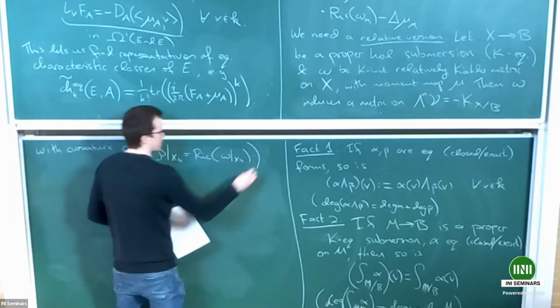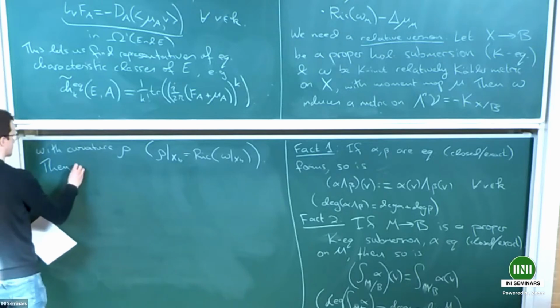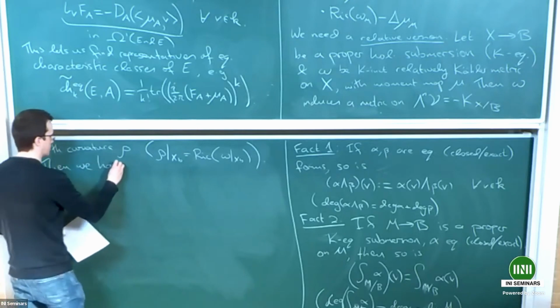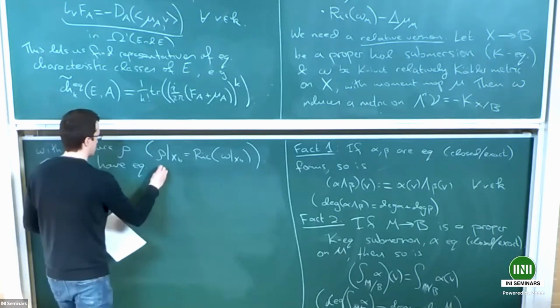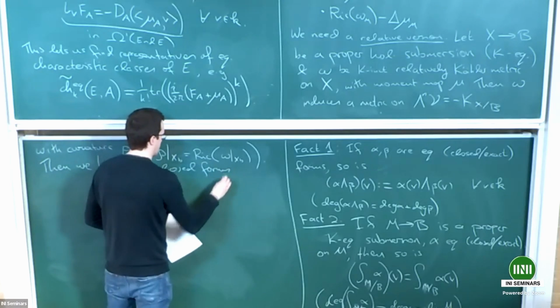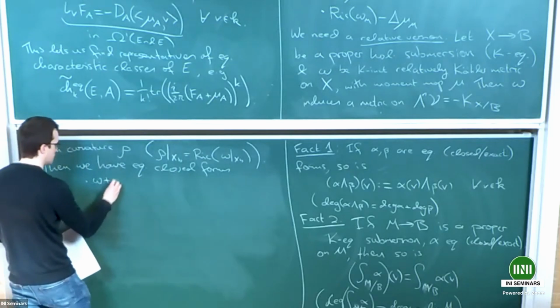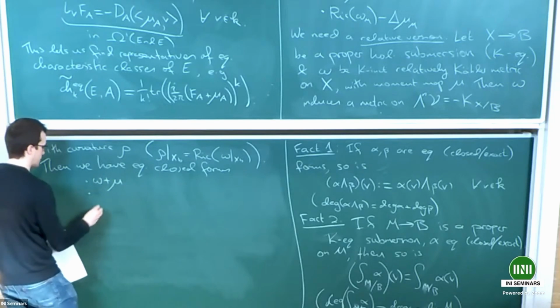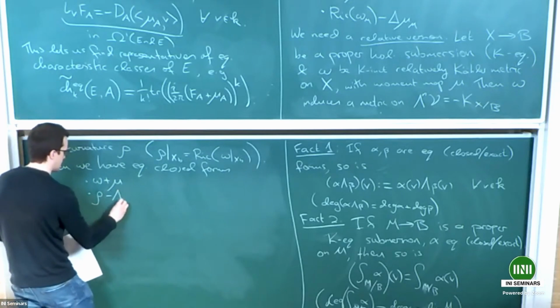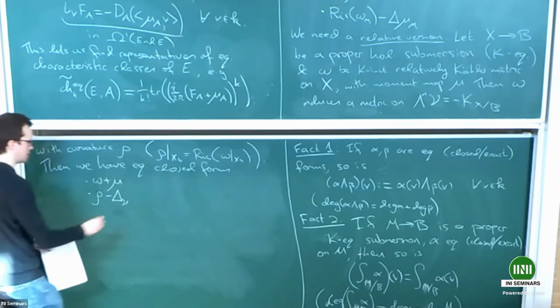And in this setup, we have equivariantly closed forms. First is omega plus mu. And the next is going to be rho minus, instead of the Laplacian, I only have a Laplacian in the vertical directions.